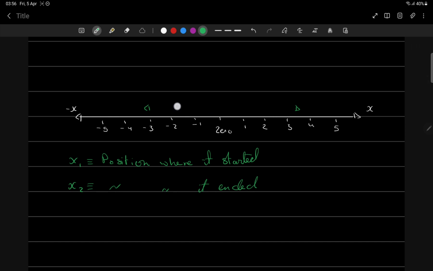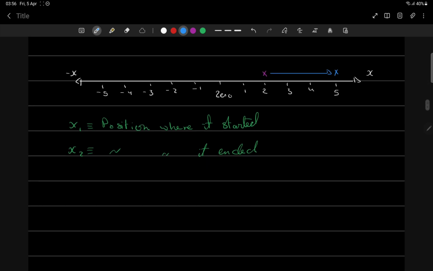So let us say that the particle was at 2 when it started its motion and went along until it reached 5. So x1 equals 2, let's say meters if x is in meters, and x2 equals 5.